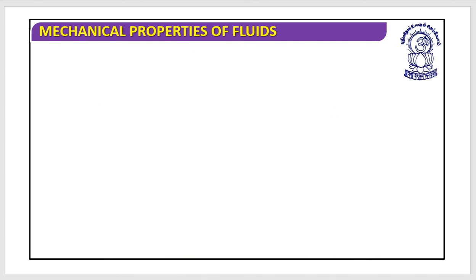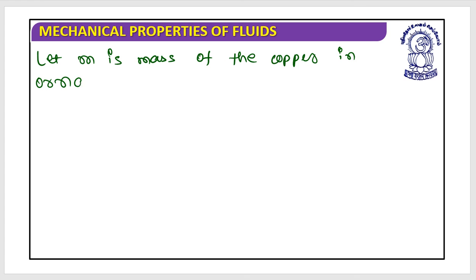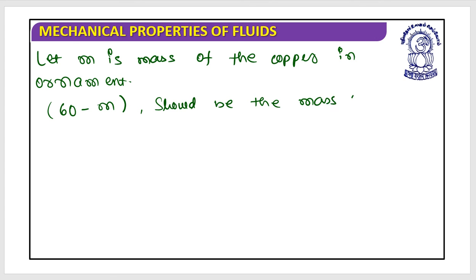So what I suggest is that let m be the mass of the copper in the ornament. So if m is the mass of copper, then 60 minus m should be the mass of the gold. I hope this is clear.